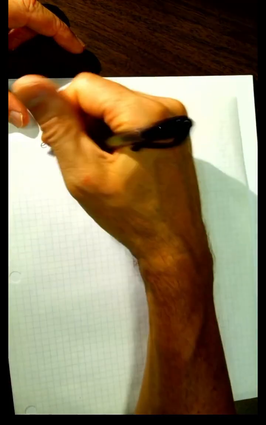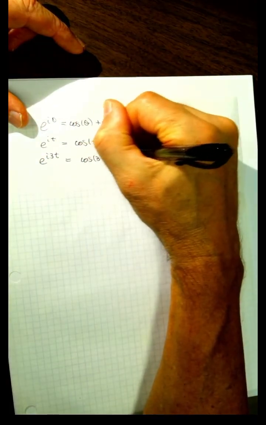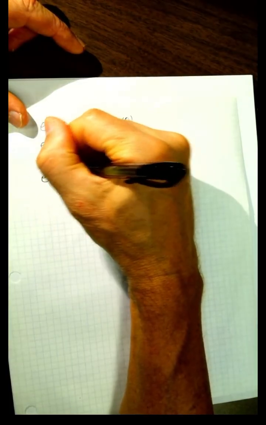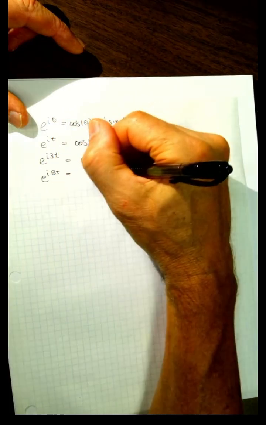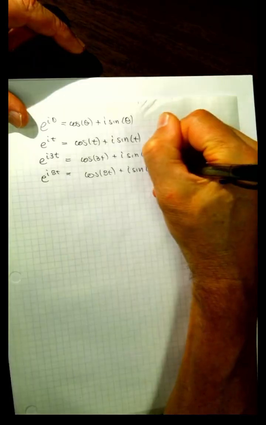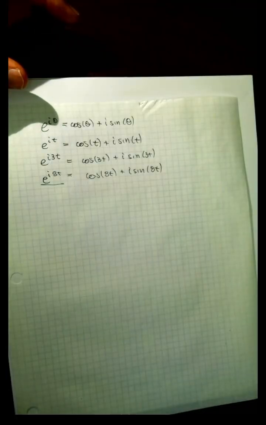And that means if I have an expression or a function that has an exponential like that, what it really means is there's oscillations. So for example, if I have e to the i 3t, this is going to be cosine 3t plus i sine of 3t. And if I have e to the i 8t, this is going to be cosine of 8t plus i sine of 8t. So geometrically, I can interpret that as oscillations.